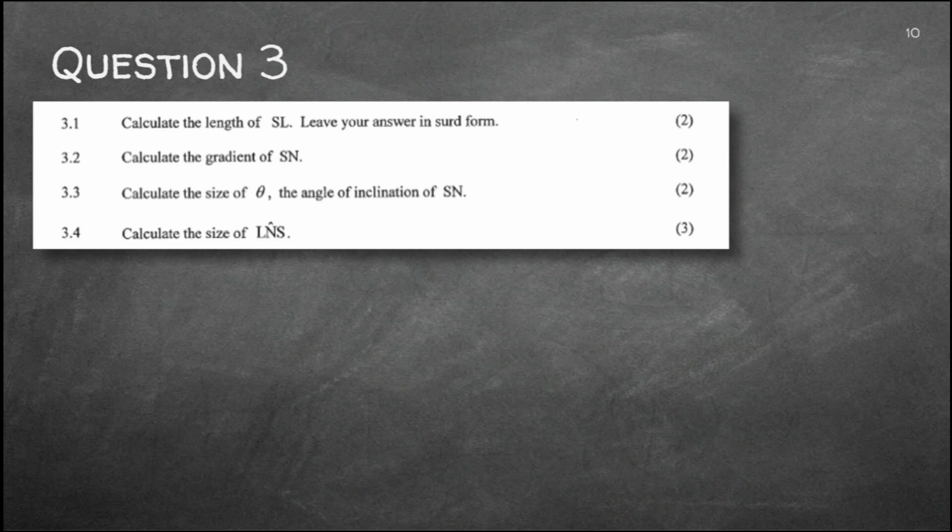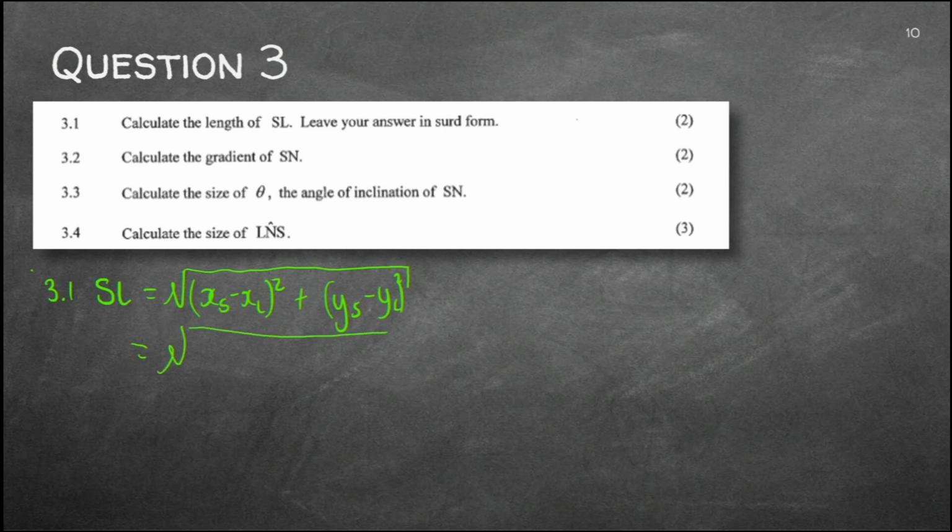So let's have a look at the questions. The first question is calculate the length of SL, leaving your answer in surd form. Very important, then we don't use decimals. So SL, we just use the distance formula. So it's simply SL is equal to the square root of (XS minus XL) squared plus (YS minus YL) squared.